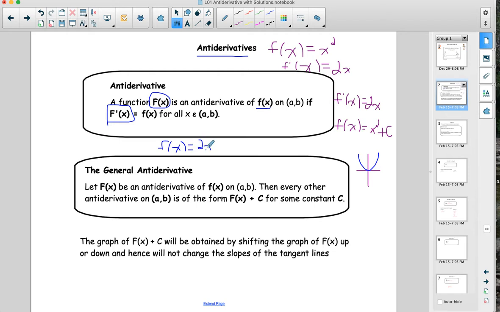Then its antiderivative capital F(x) would be x squared, because if you take the derivative of capital F, you get f(x) back. So that's what it means to be an antiderivative. For the general antiderivative, we're going to add a constant c to it. And I did mention the bit about shifting up and down that I showed you over there.